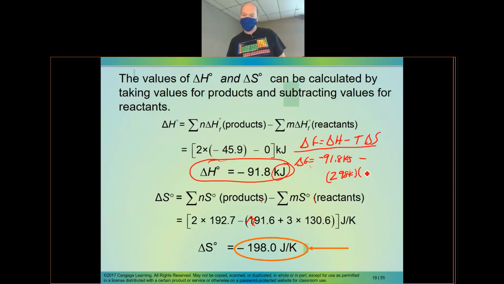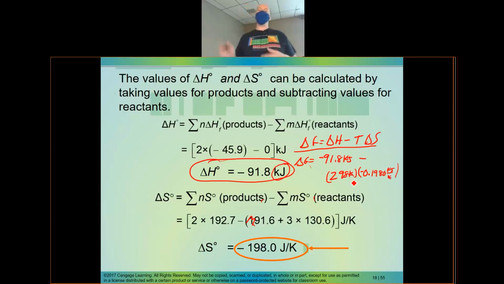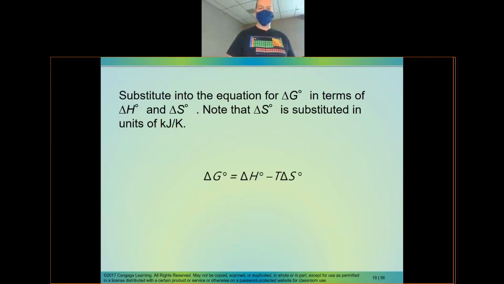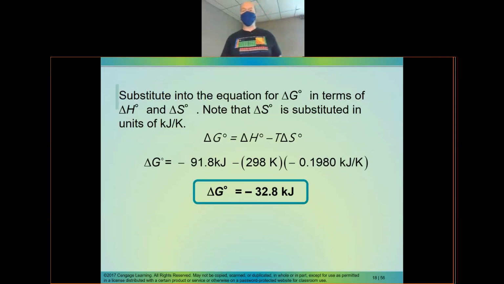And so that is a negative 0.1980 kilojoules per Kelvin. And so your kelvins cancel, and now you have kilojoules minus kilojoules, and so you have to have the same units. You can pick joules if you want. For delta G, I will pick kilojoules. So when you plug that in, you get a delta G of negative 32.8 kilojoules.